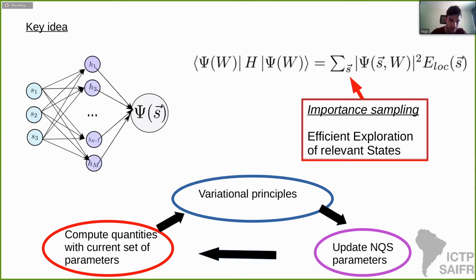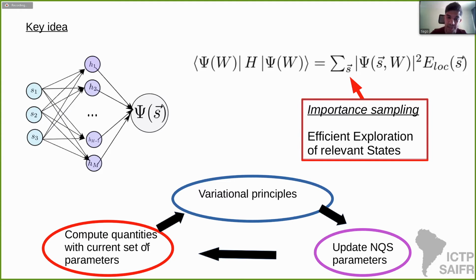And so it's exactly what people do in variational Monte Carlo, as you mentioned, Eduardo. In order to implement the variational principle, we have a set of equations that I skip here, but can show at the end of the presentation. This set of equations requires computing quantities, which you compute stochastically, as I mentioned here. With this variational principle implemented, I can update my neural quantum state.